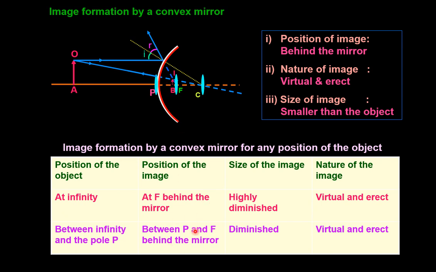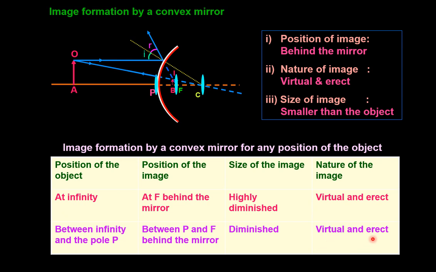If we talk about the size, it will be diminished, that is, lesser than the size or height of the object. Since the light rays are not actually meeting, they will give rise to a virtual and erect image.